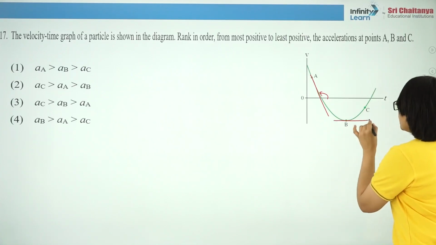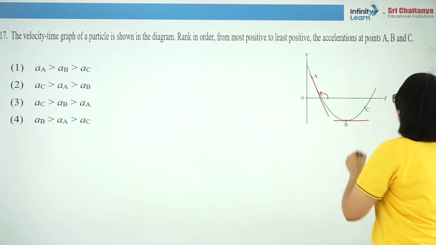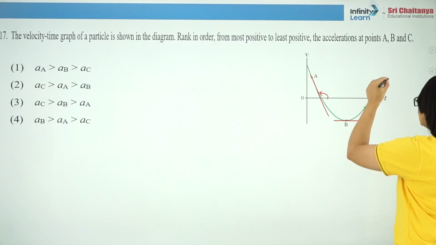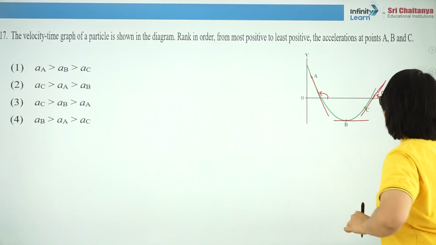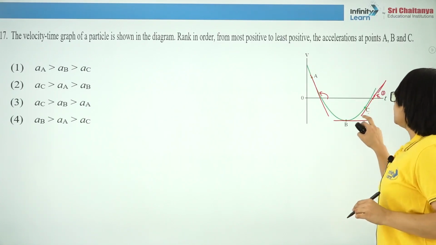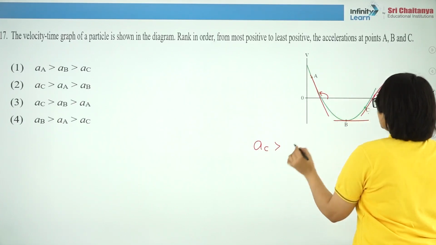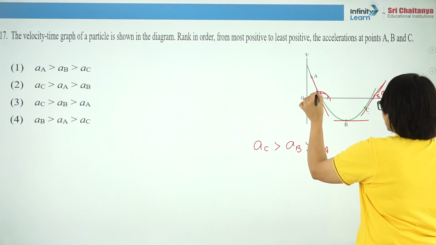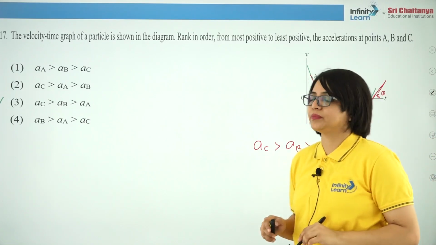At point B, slope is 0 because the tangent at B is parallel to the time axis, and at C the slope is positive. Why? Because this theta with the time axis of this tangent is acute angle, right. So, slope is positive, that means acceleration is positive, right. So, AC is greater than AB is greater than AA. Why? Because this is negative, this is 0 and this is positive, right, which is option 3.